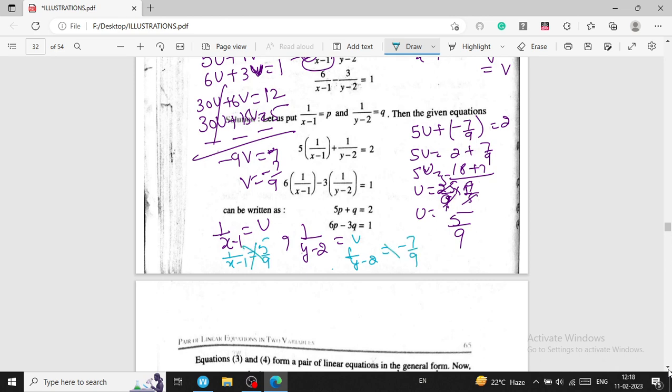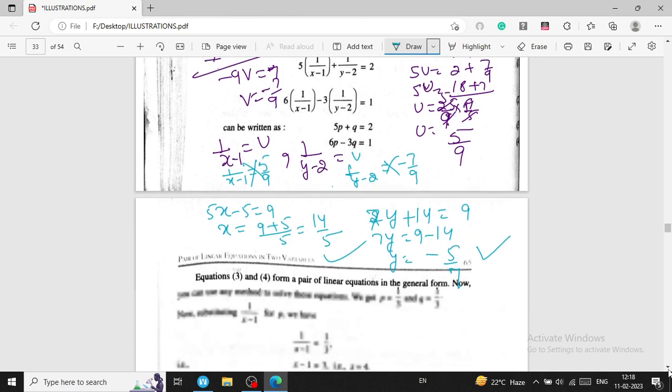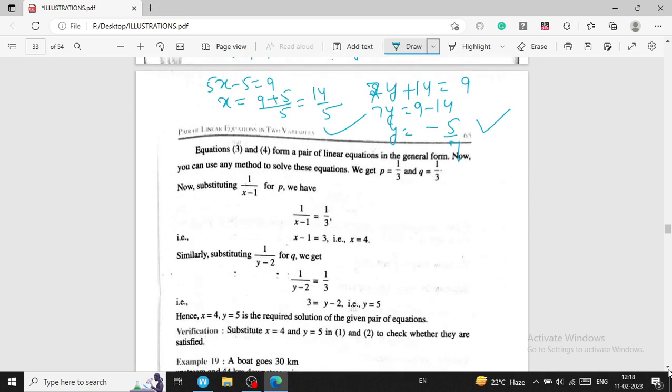Cross multiply. By cross multiplying we will find 5x minus 5 is equal to 9. X is equal to 9 plus 5 over 5, that is 14 by 5. Here for y, 7y minus 14 is equal to 9. 7y is equal to 9 minus 14. Y is equal to minus 5 by 7. These are your answers. You can check with your examples. You will find your results.